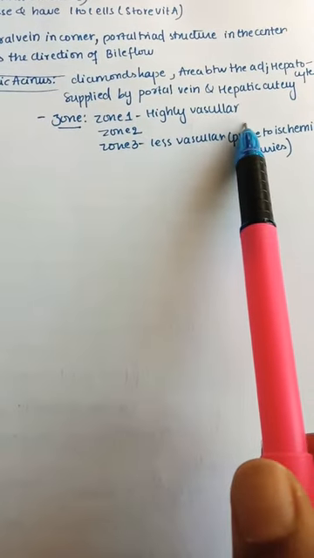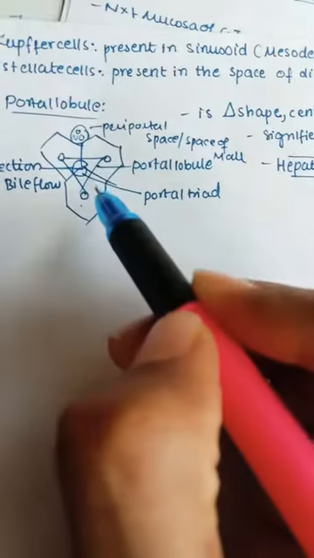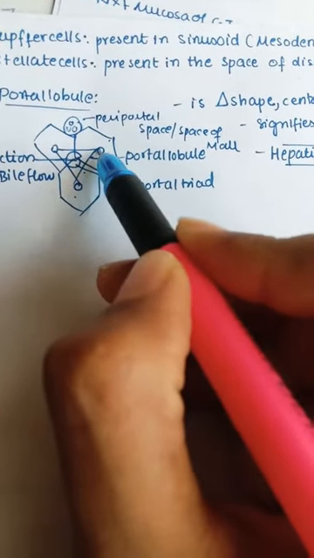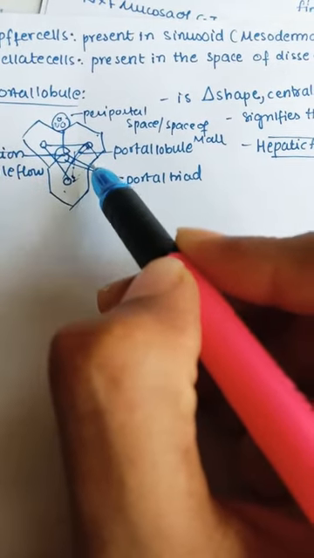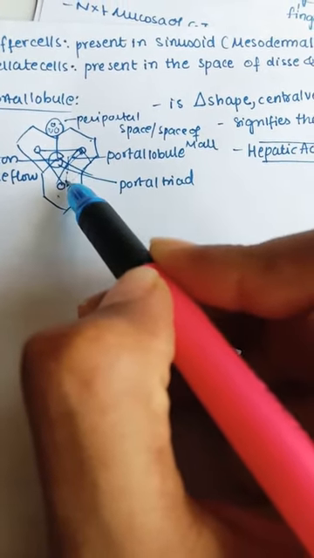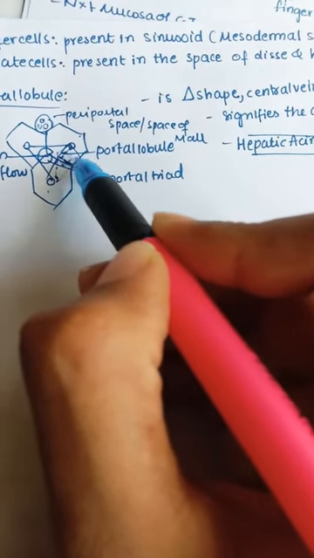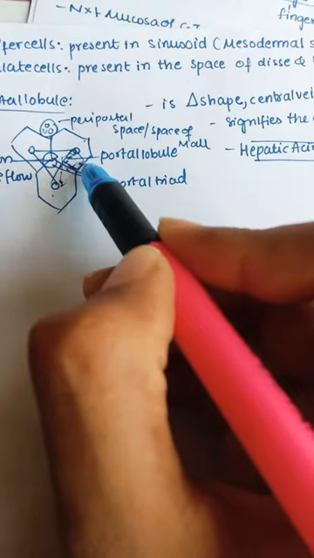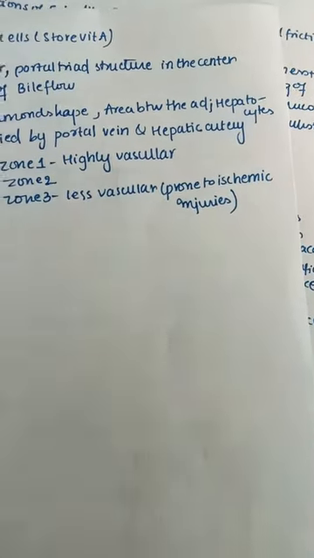For example, this is one central vein, this is another, and between these two, a diamond structure is formed, which is known as the hepatic acinus. Zone 1 is nearer to the blood supply, so it is highly vascular, but zone 2 is lower, and zone 3 is very low in vascular supply, so it is mainly prone to ischemic injuries because of the low blood supply, right? So this is all about the revision of histology.